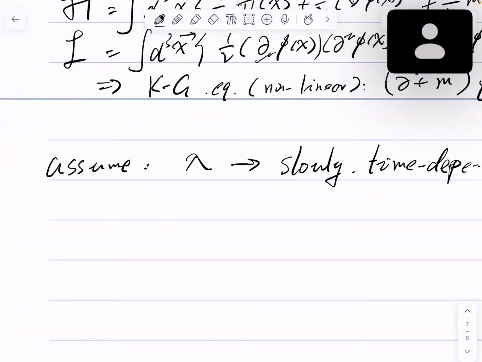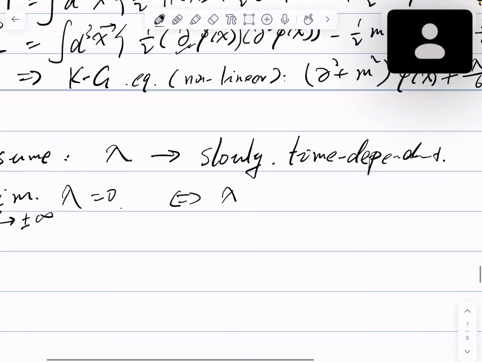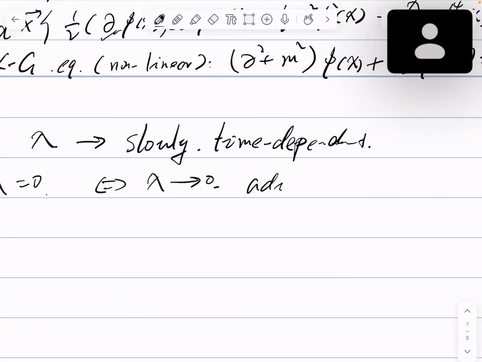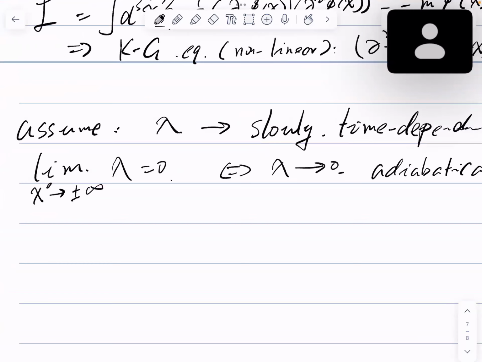And we assume that in the far future and far past, we obtain the free field theory. As x0 tends to negative infinity, lambda equals 0, which means lambda tends to 0 adiabatically. Based on such an assumption, we can construct the interacting system using our free theory.